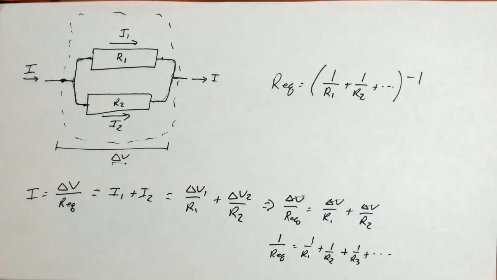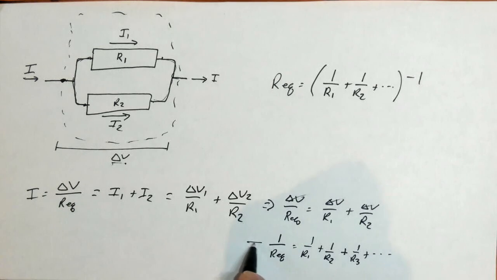Like that. Okay. And also, you need to be very careful not to make an algebraic mistake that is common, of assuming that 1 over R1 plus 1 over R2 equaling 1 over R equivalent is the same thing as saying R equivalent equals R1 plus R2. Okay, that's not true. That is not true.